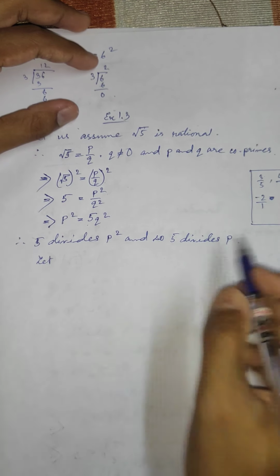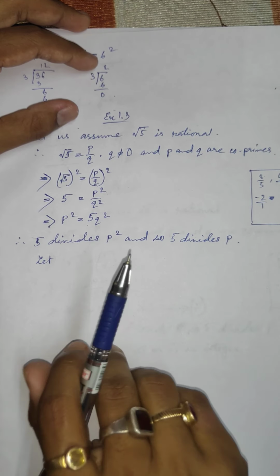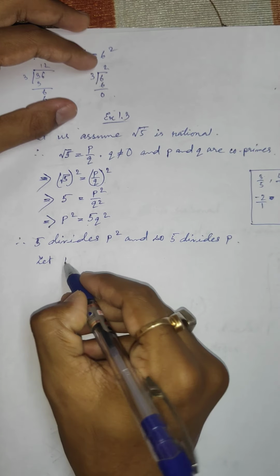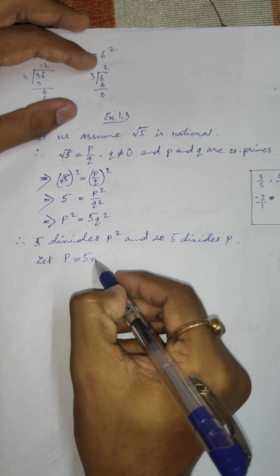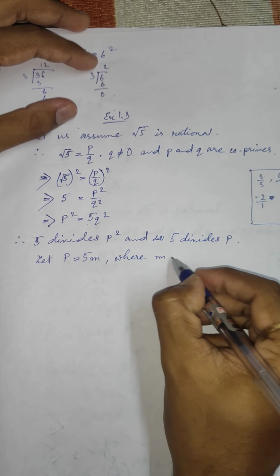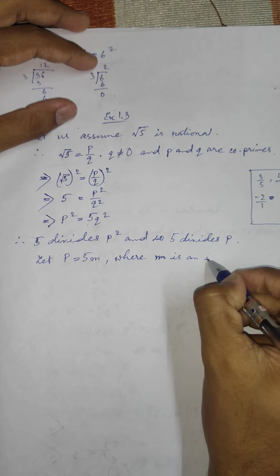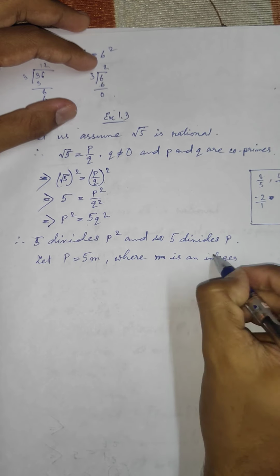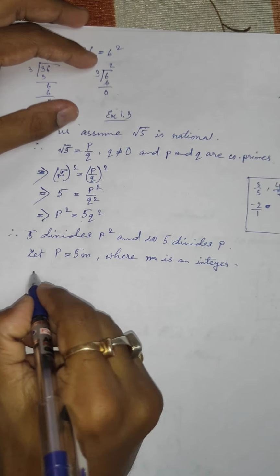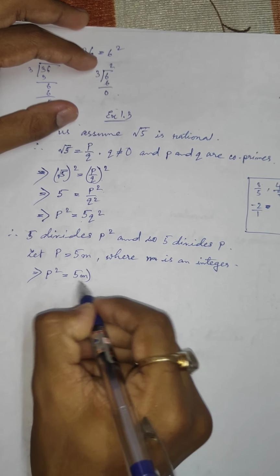Now if 5 divides p, then p must contain 5 as a factor. So let p equal 5m, where m is an integer. Now squaring, p square equals 5m whole square.